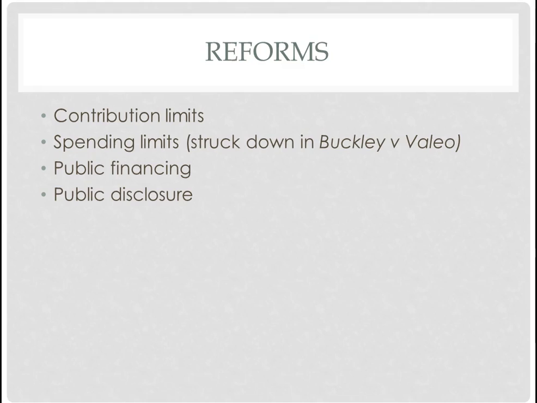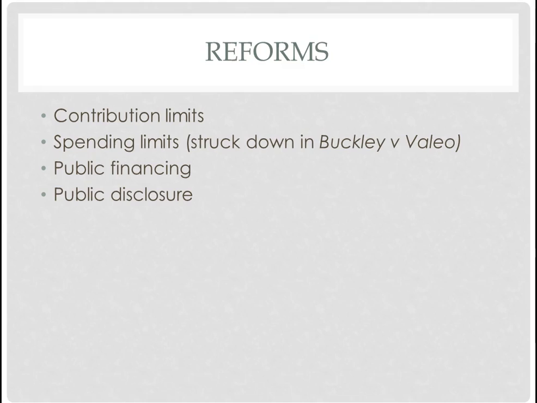Remember that some of the reforms that we talked about in campaign finance were contribution limits, spending limits, which were struck down in the Buckley v. Valeo case of 1976, public financing, and public disclosure. These reforms were part of a law that came out in 1974, which was challenged almost immediately by conservatives who thought that this violated free speech.